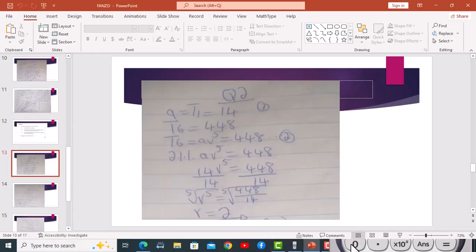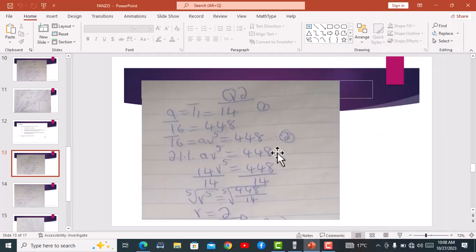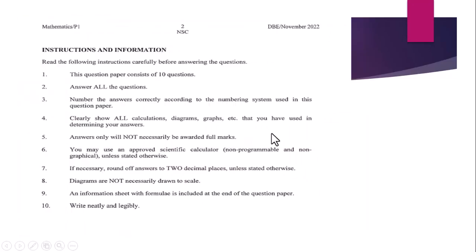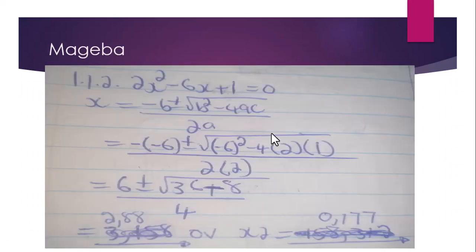I just pressed shift, then the fifth root, and I typed 448 divided by 14, and I got the value of 2. So that is the ratio that one has to multiply by in order to get the next consecutive terms.